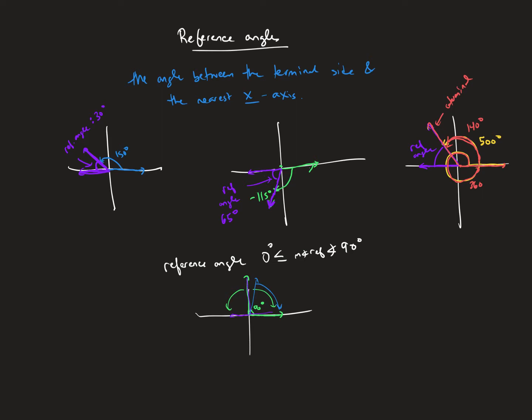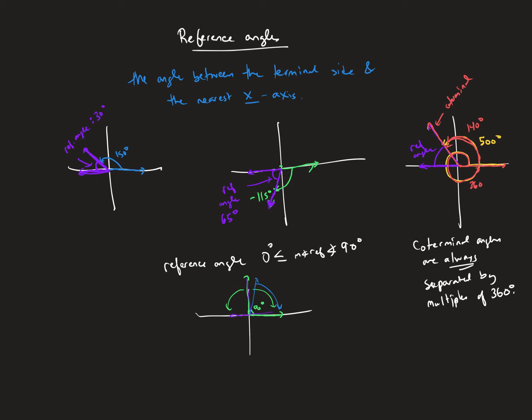In fact, coterminal angles are always separated by multiples of 360 degrees, because that's going around a complete circle. You land in the same spot.